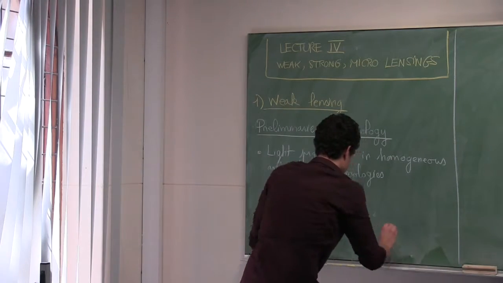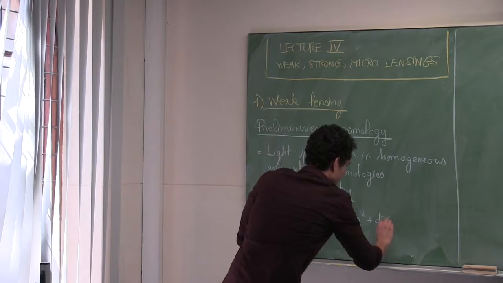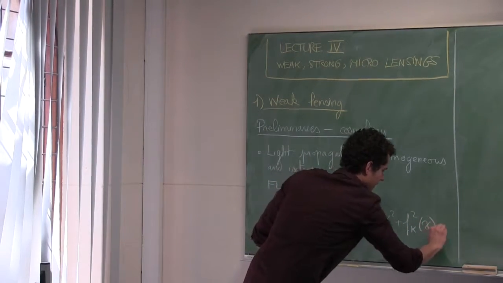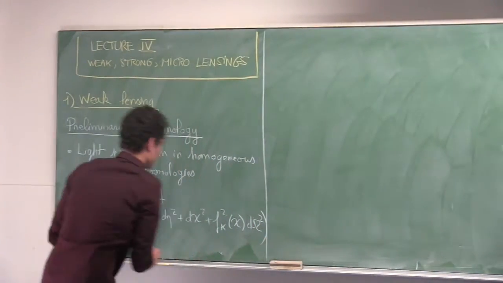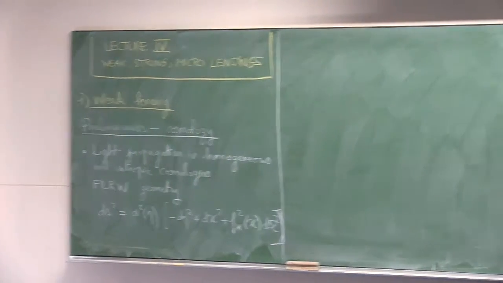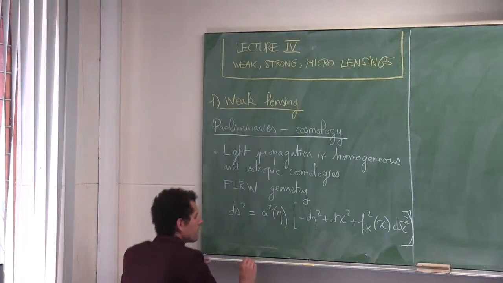Theta squared plus theta squared. That's one of the coordinate systems with which we can represent the FLRW geometry.